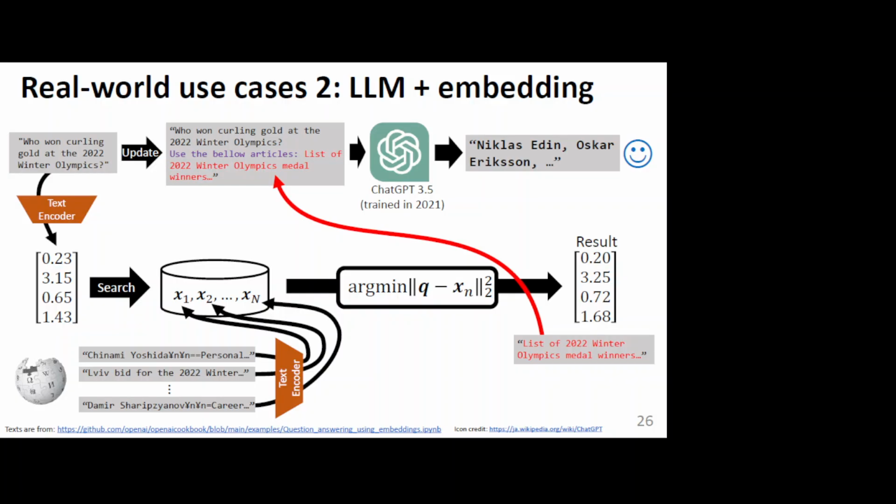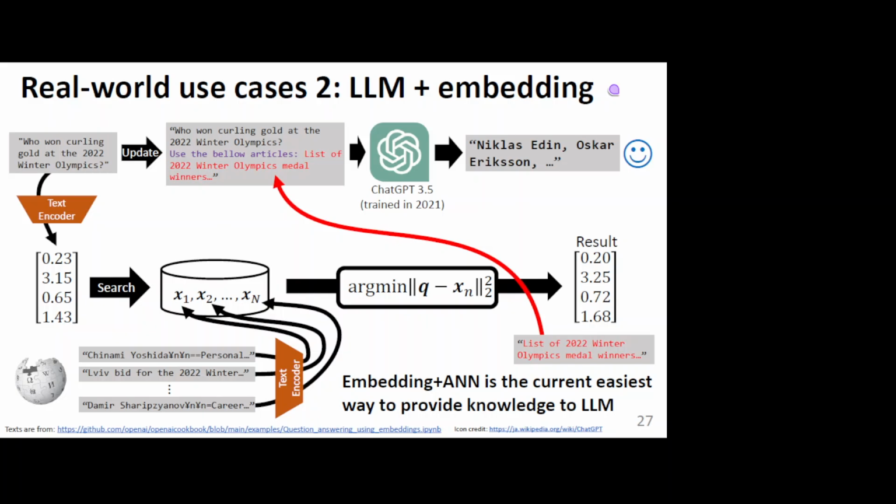Any comments? So from this you can see that approximate nearest neighbor search can help to improve your language model's power. And actually maybe it's the easiest way to provide additional knowledge to a language model.